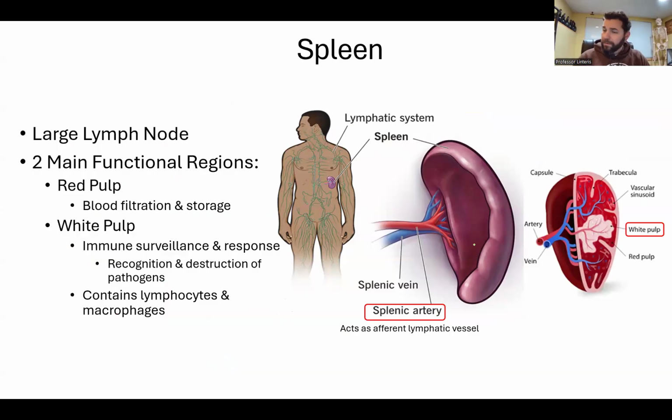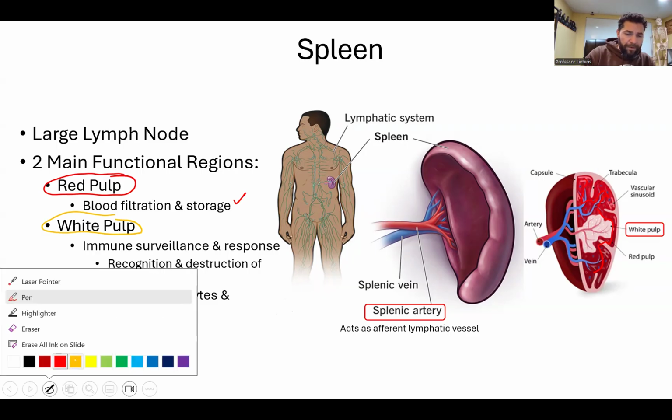We have the spleen. We don't talk about the spleen too much, but you have basically two parts to the spleen. You have red pulp and you have white pulp. The red is more oriented around blood, specifically filtration and storage and things like that. You can see over here, all this stuff is red.